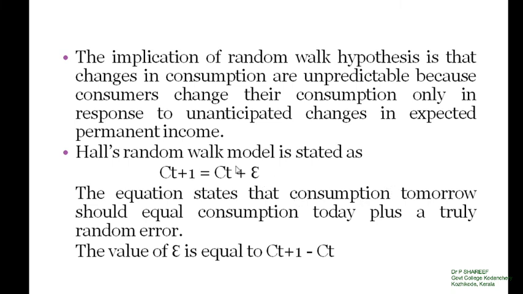That will be equal to current consumption, that is Ct, plus a change or a random error term. The value of the random error is equal to the difference between Ct+1 and Ct, that is, current consumption and future consumption.